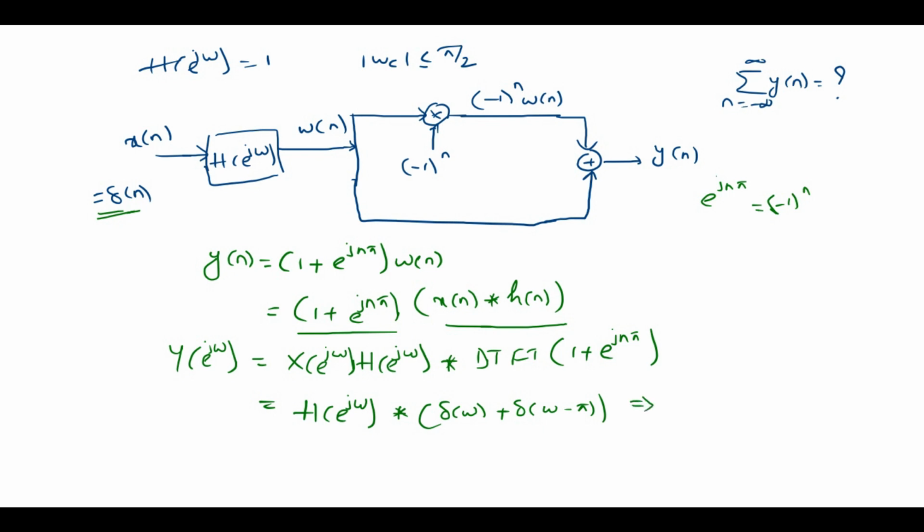The convolution of these two is H of e^{jω} times δ(ω) plus H of e^{jω} times δ(ω minus π). δ(ω minus π) exists at ω equal to π, and H of e^{jπ} is 0, so the second term is 0 and the first value is 1. So Y of e^{jω} is 1.